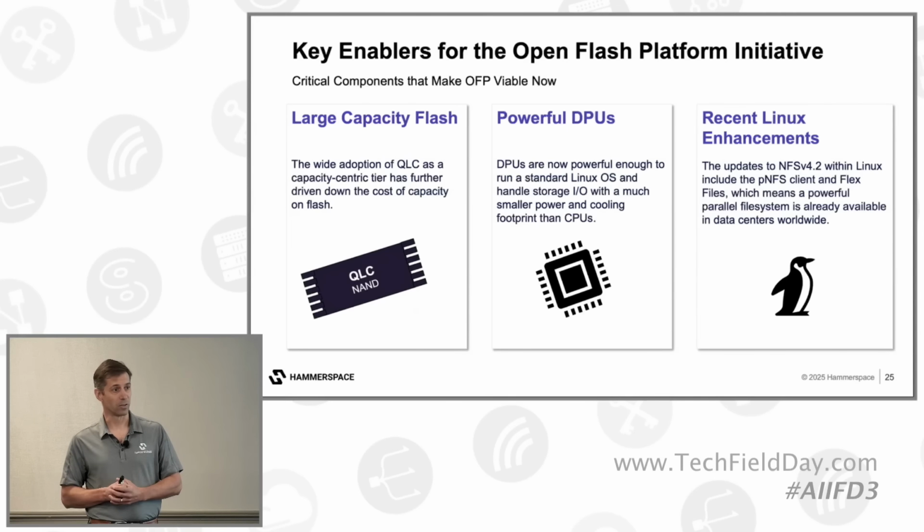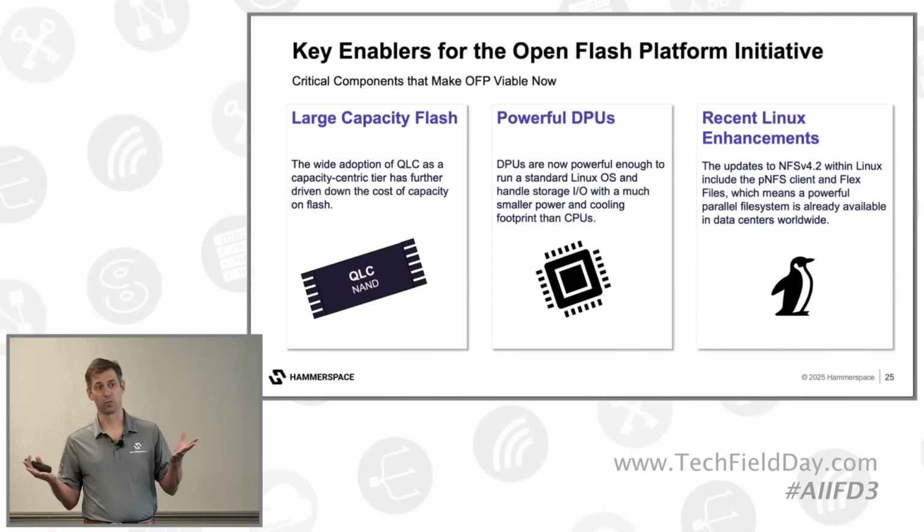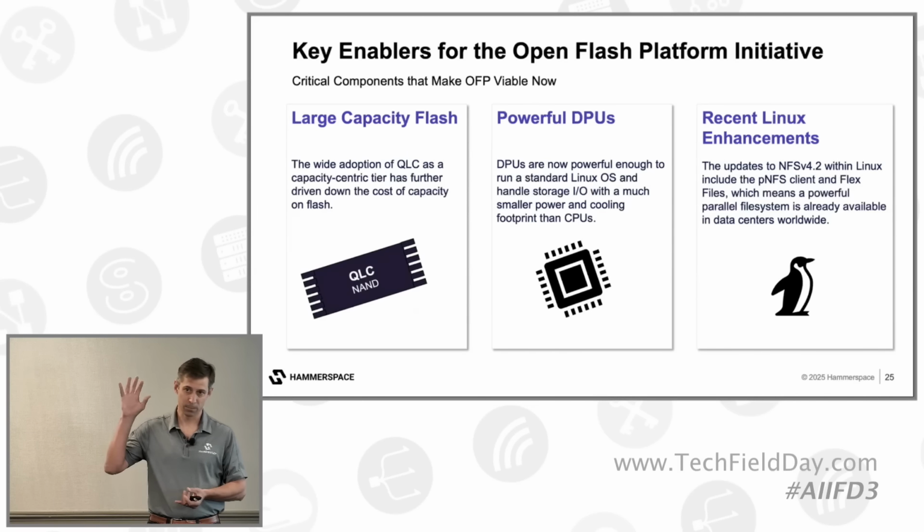DPUs have essentially gotten powerful enough that they can serve as a replacement for those CPU-based storage servers. That's how essentially every storage platform out there operates: you put in a storage server and put a bunch of disks behind it.